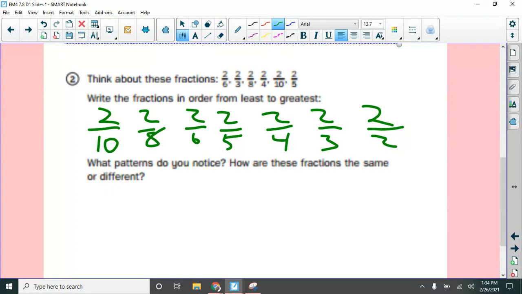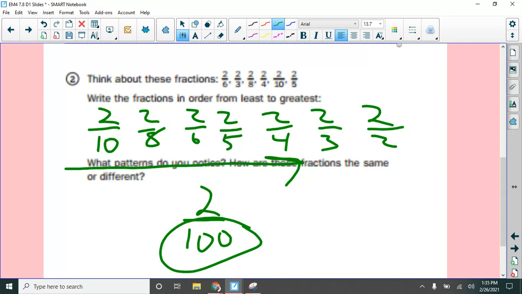What's happening to these numbers? Tell me what's happening. All right, right? If you make the denominator more, then the pieces get smaller. Here's proof. Think about this: 2 out of 100. Somebody might look at that and say, 100, that's a lot, right? But imagine this is pizza.